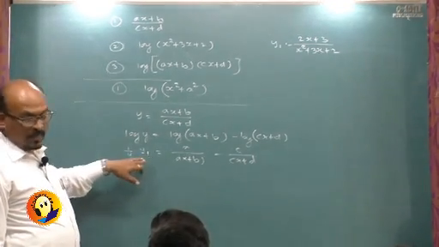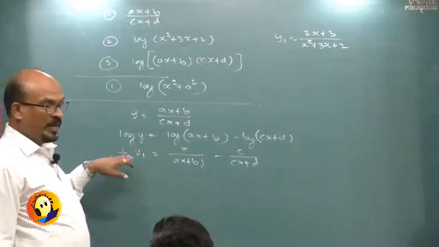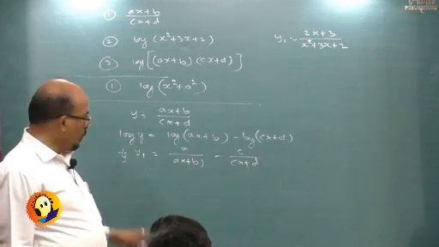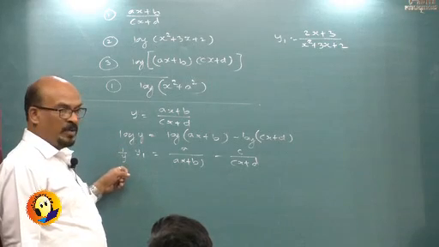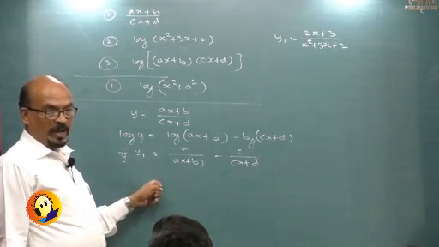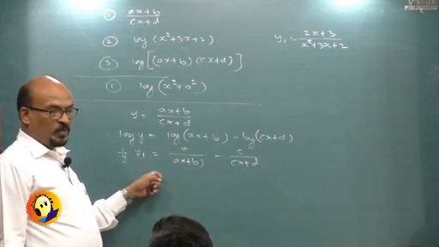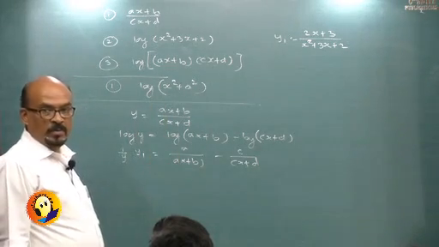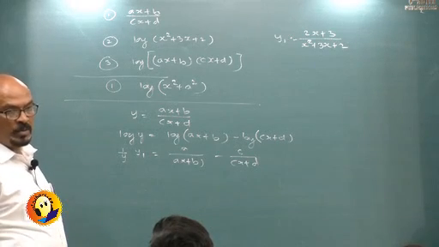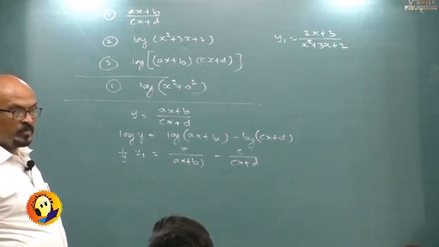Right? y1 upon y, we don't have formula for finding nth derivative of it. You can always say next derivative will be 1 upon y, y2 minus 1 upon y square into y1 square, and it will go on expanding, because every time it is numerator upon denominator. Right?